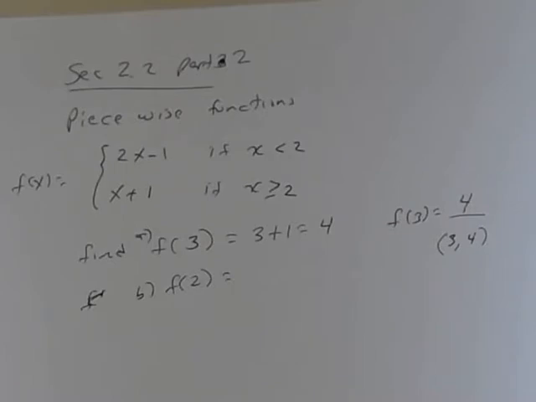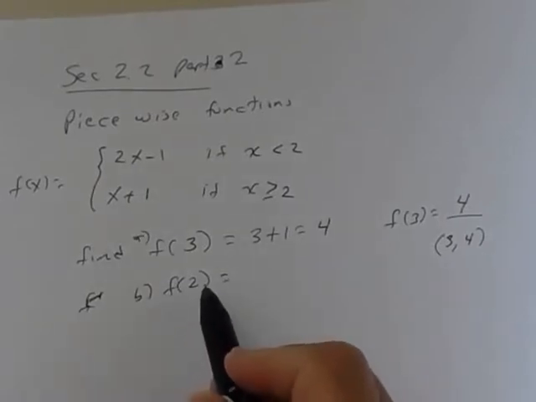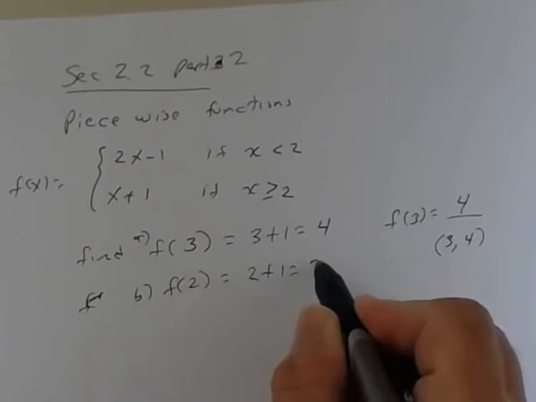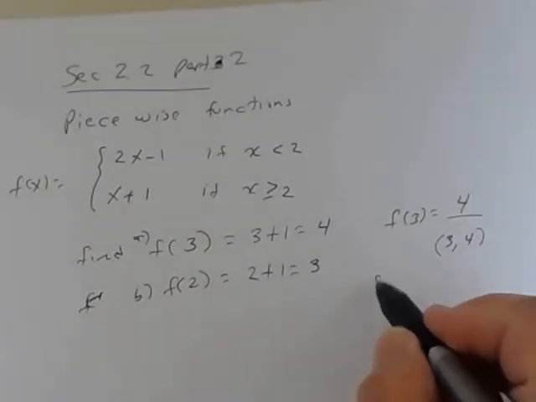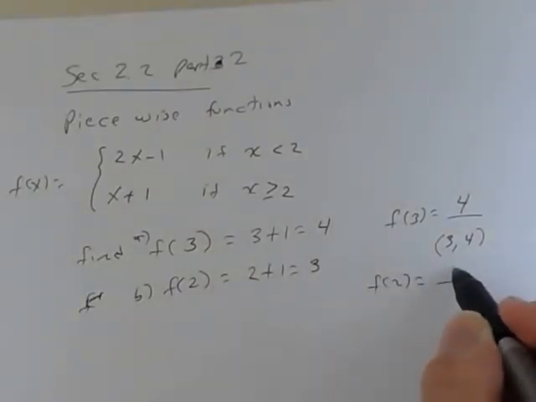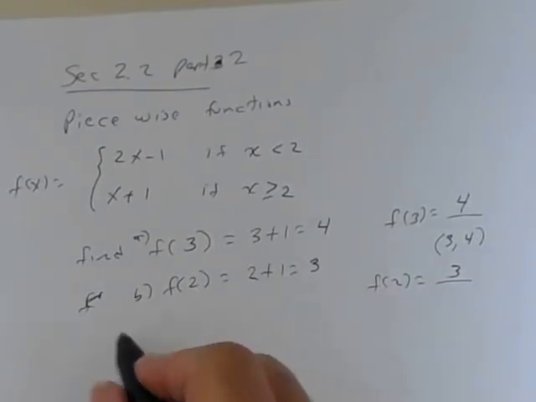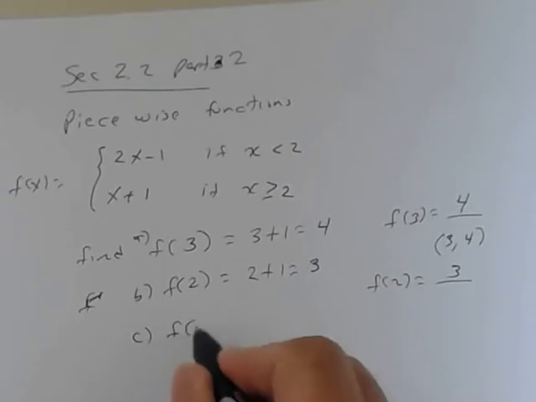Well, 2 is not less than 2. 2 is what? Equal to 2. So I got to use the bottom one again, right? So where we see the variable x, what do I plug in? 2. I'm going to say 2 plus 1, which is what? 3. And then in the blank, you would say f of 2 equals what? 3. Okay? Y'all agree? All right? C. What about f of 0?